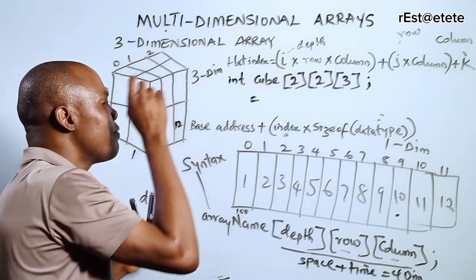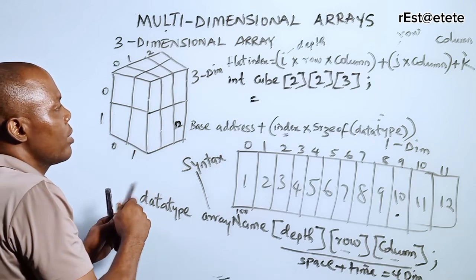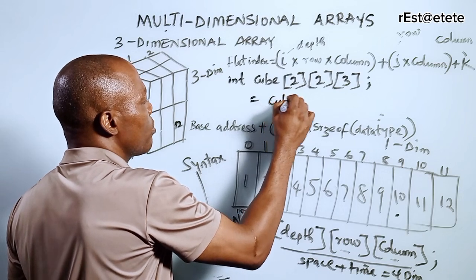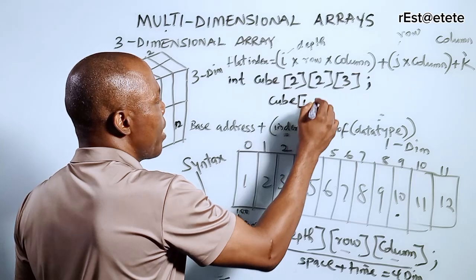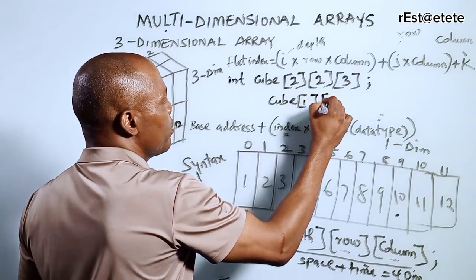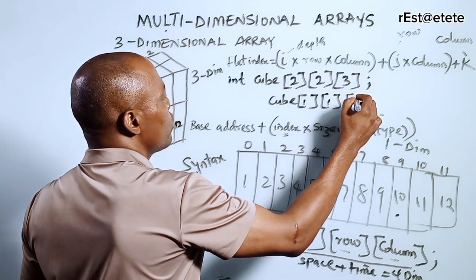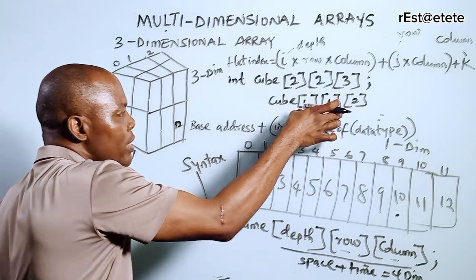So what would be the value of the last element? If I have cube, then I put here 1, then 1, and then 2.